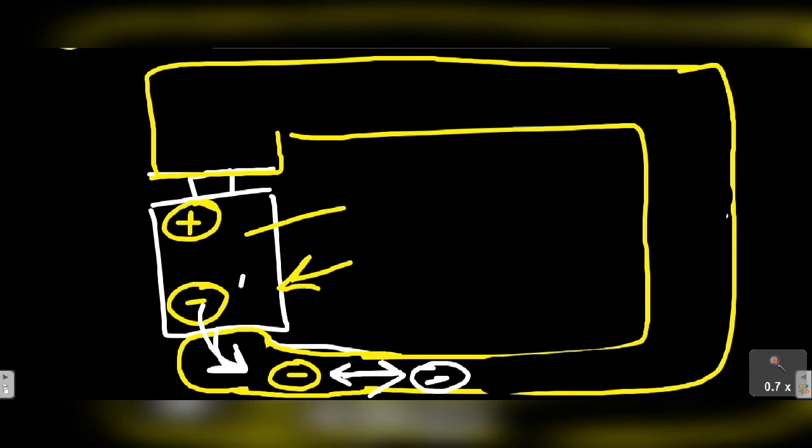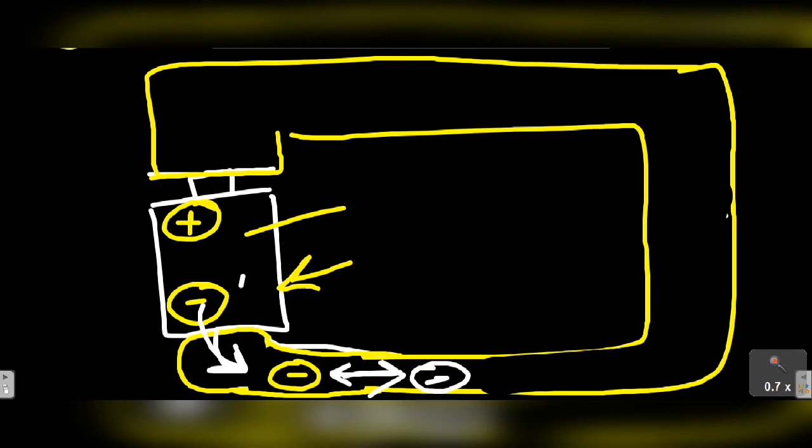Okay, so when these electrons that come outside the battery, which are these here, this representing many electrons, come into contact with the electrons that were in the wire initially, there will be a force of repulsion, and only the electrons that have got a weak backup force will be forced to move.